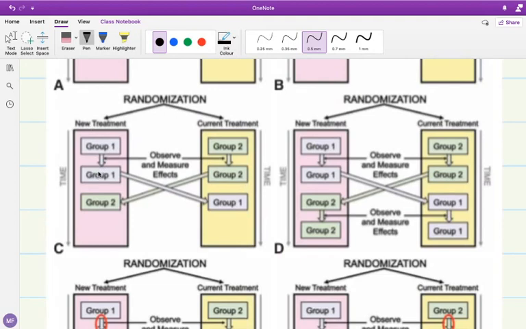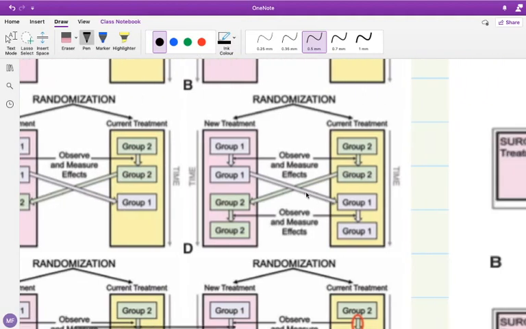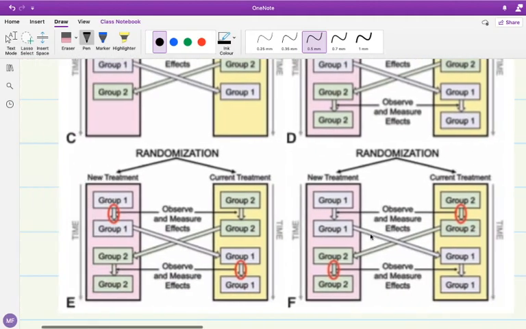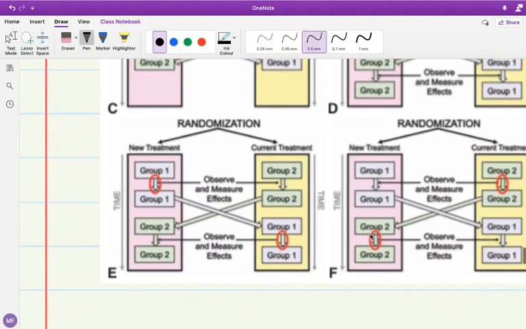So you are switching group 1 individuals over to the current treatment and group 2 individuals to the new treatment. So you are exposing them and making a cross. Now the same group 2 individuals are followed for the new treatment over a certain period of time, and group 1 with the current treatment for a certain time duration. So this is a crossover.